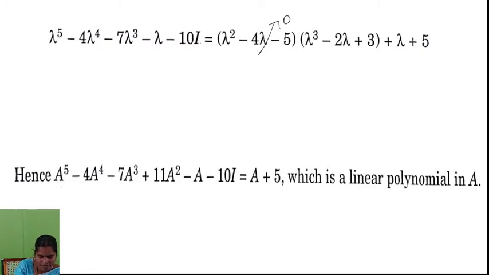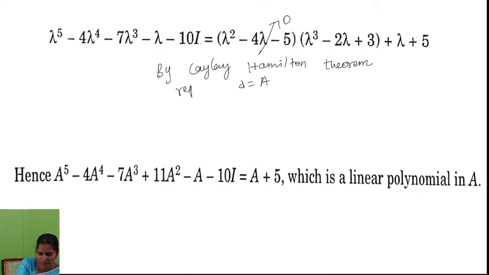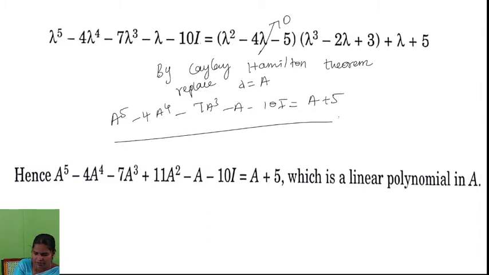Therefore this is a polynomial in A. By Cayley-Hamilton theorem, we can replace lambda equal to A. Replacing lambda by A, we get A power 5 minus 4A power 4 minus 7A cube minus A minus 10I equal to A plus 5. So this is the linear polynomial in A. So that's all. Problem 1 solved.